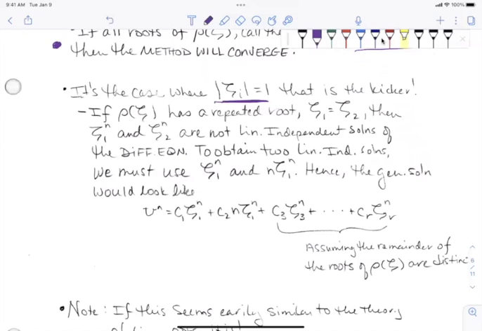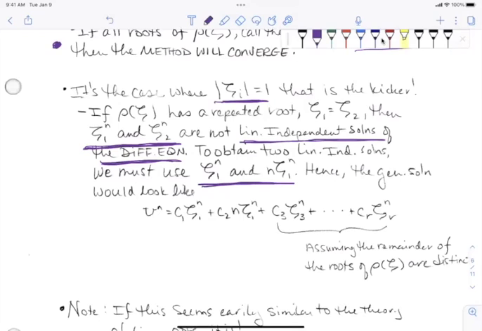Well, if that's the case, then if the polynomial rho has a repeated root where zeta 1 is equal to zeta 2, then these two expressions are not linearly independent anymore. They would be the same solution if we have a repeated root. So in order to obtain two linearly independent solutions, and this one you're just going to have to trust me on, you use this.